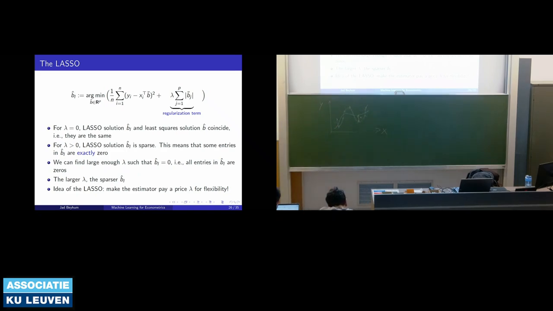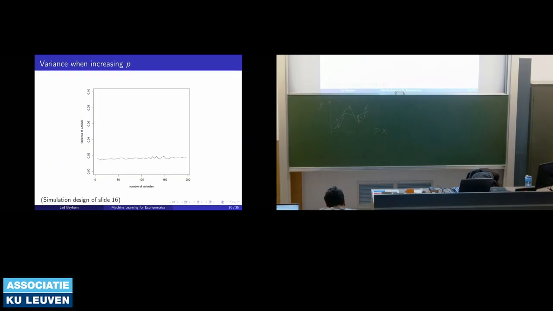And when you reduce this model flexibility in that way, you avoid the overfitting. That's what we saw last time. What happens with the lasso? You run your lasso, there is some lambda penalty term that determines how sparse the lasso will be. We can choose it through cross-validation, that's what we saw last time. And then what we also saw in simulation is that the nice thing is that the bias stays under control, and mostly the variance stays under control.